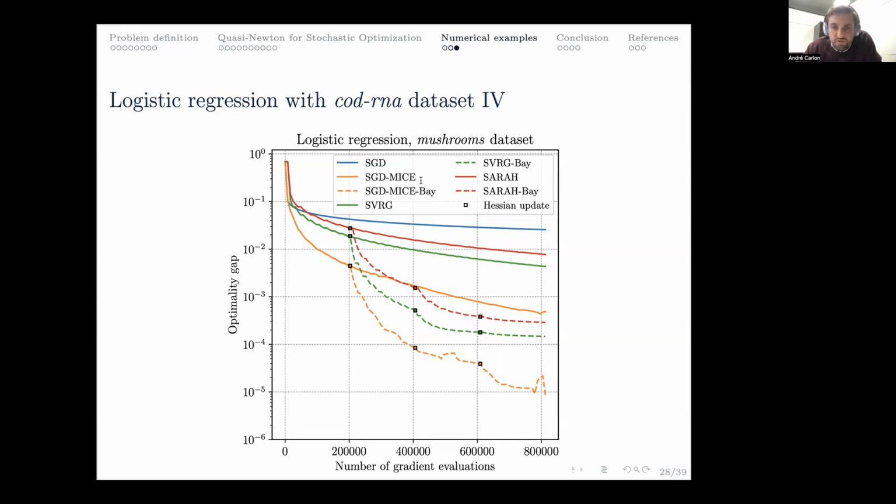We are just using the information already available for SGD MICE, SVRG, and SARAH, because these methods rely on control variates to get a good gradient estimate, so they're always computing gradient differences. What we are doing is taking these gradient differences and feeding them into our Bayesian approach to get this posterior. So this is, I don't want to say free, but in terms of gradient evaluations, yes, it's free.